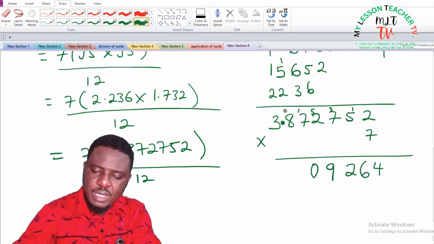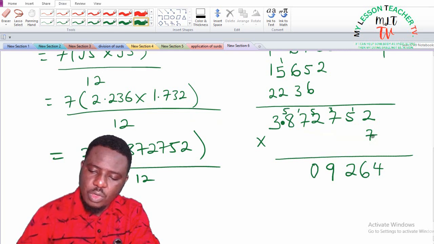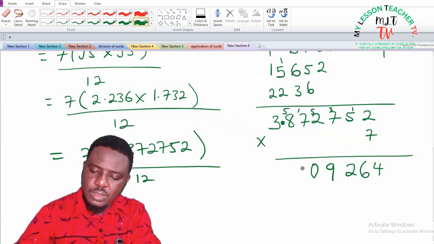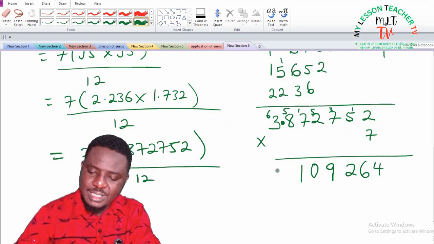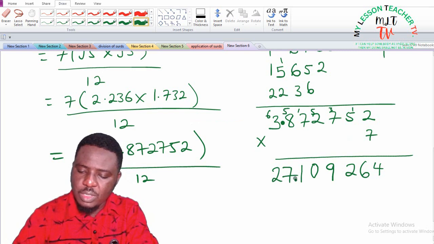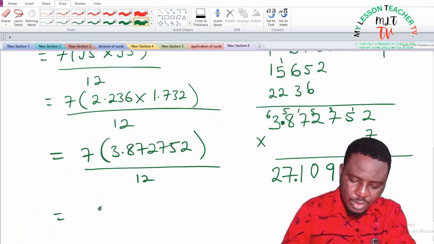You write down 0 and carry 5. 7 times 8 is 56. 56 plus 5 is 61. You write down 1 and carry 6. 7 times 3 is 21. 21 plus 6 is 27. So this is 27.10924.